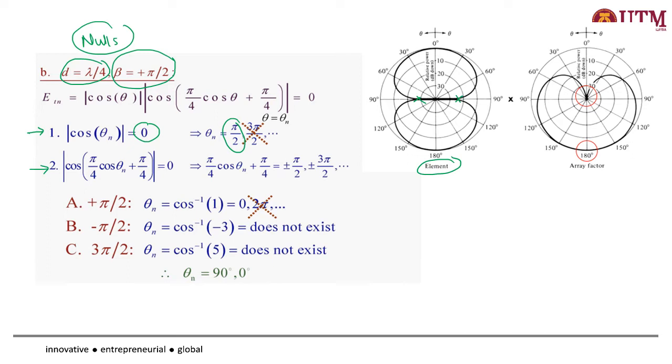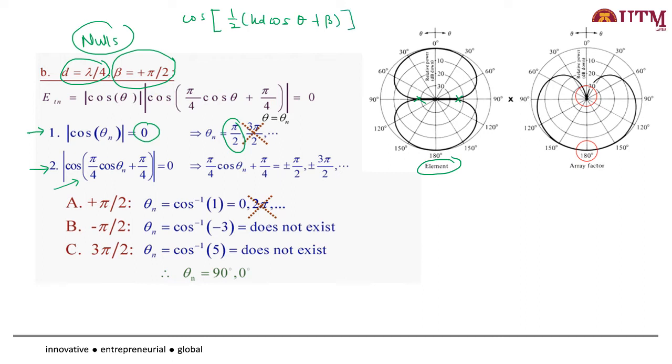So this is basically the simplification of the equation: cos of one over 2 kd cos theta plus beta.